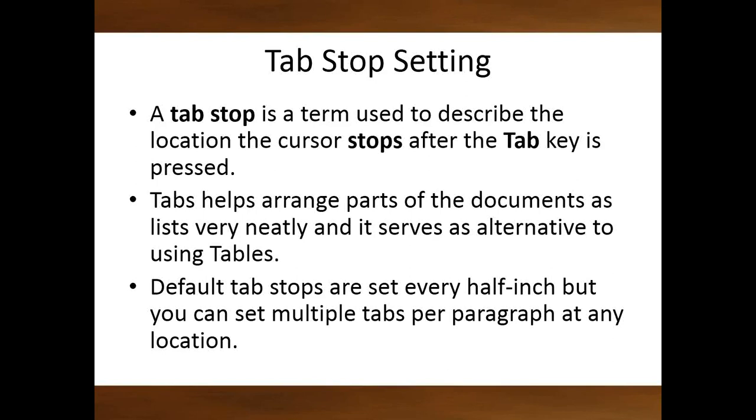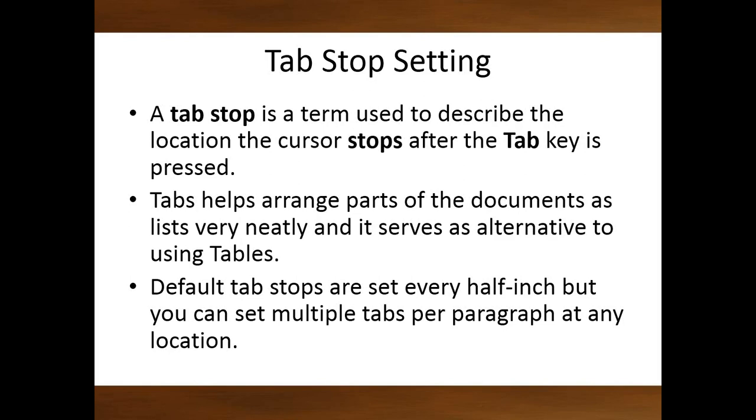Now when you press the tab key, what happens is the cursor is moved from its current place to 0.5 inch space on the line. Okay, so a gap is left between the margin and then the text or content that you are about to enter.